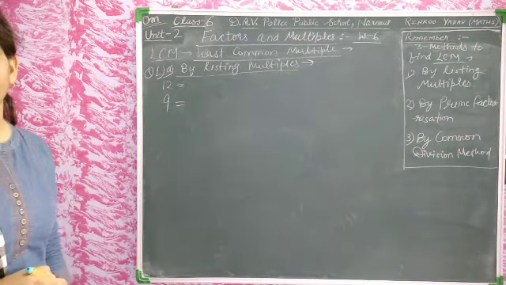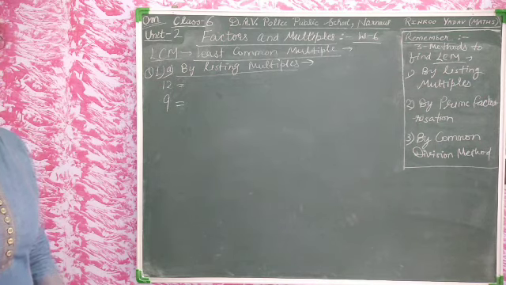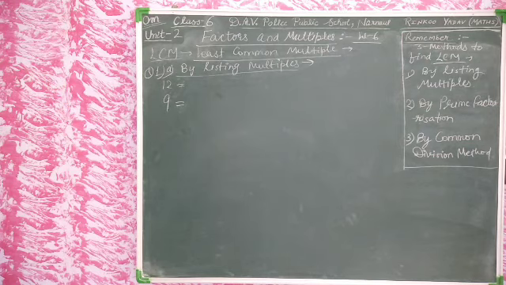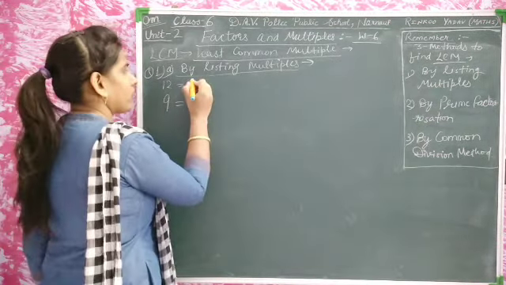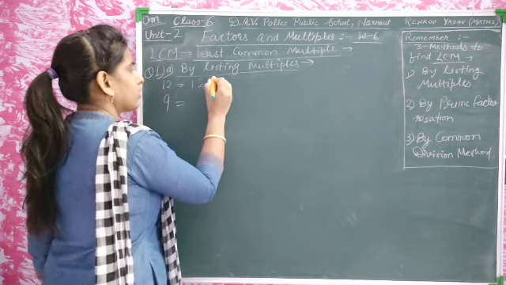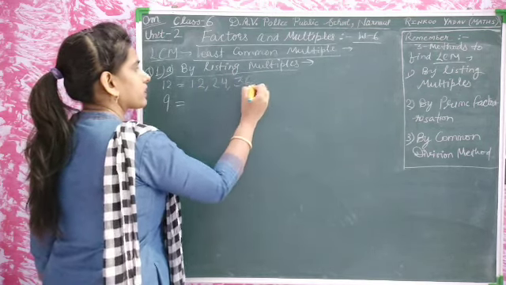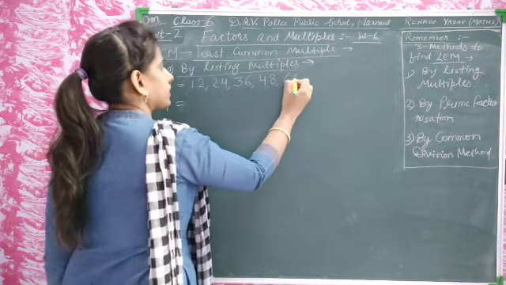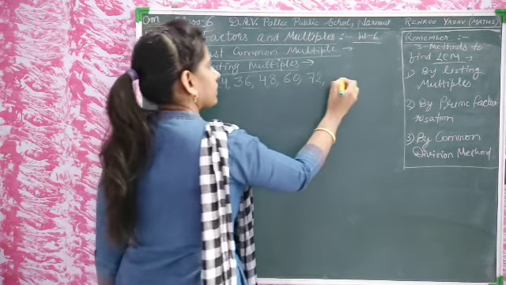We have to find the multiples first. Find the multiples of 12 first. Write down the multiples of 12: 12, 12 2s are 24, 12 3s are 36, 12 4s are 48, 12 5s are 60, like this.